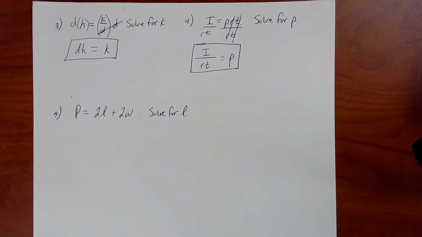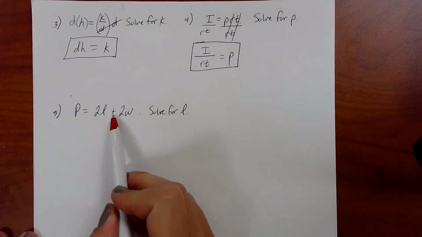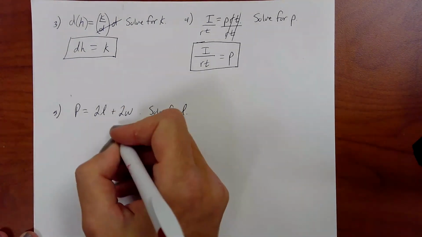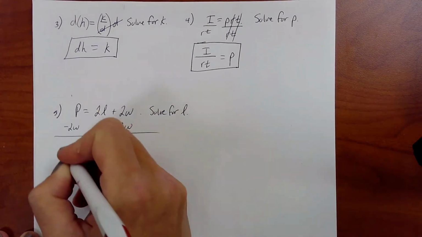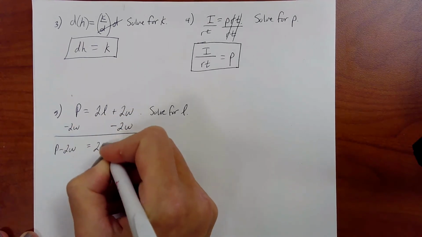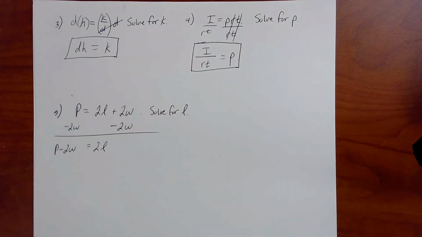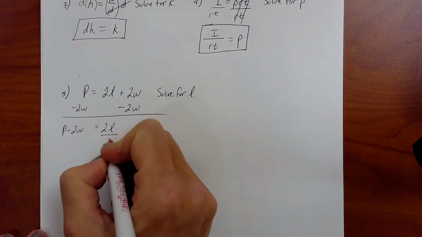We got to chip away here. So first, kind of like solve and check, take care of this first. So let's subtract the 2W. So we got P minus 2W equals 2L. And then I guess to get L by itself here, you would want to divide by 2.